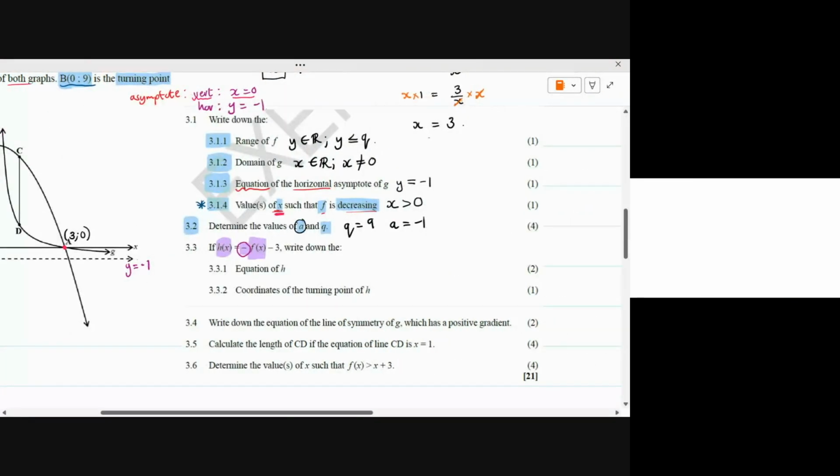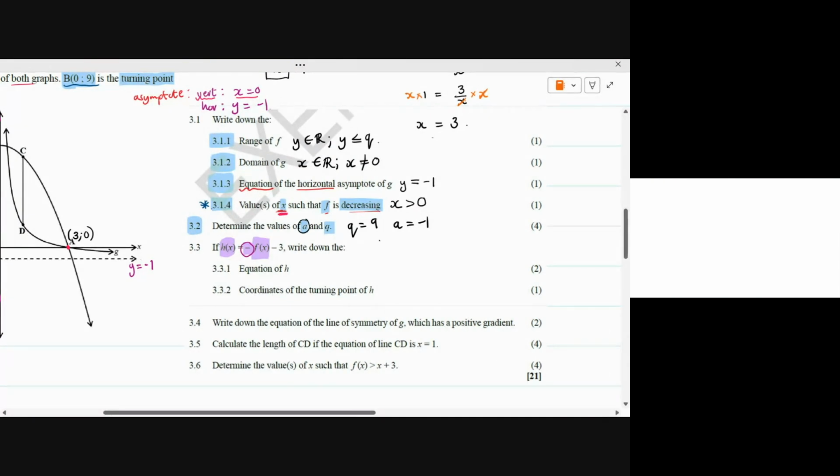Now I'm going to remind us that f of x was equal to, we figured out that our a value was -1. So we would have -1x squared, and our q is +9. Now, if I take my equation and I add a negative, it's going to be negative f of x is equal to negative, put that whole thing into brackets, -1x squared +9.